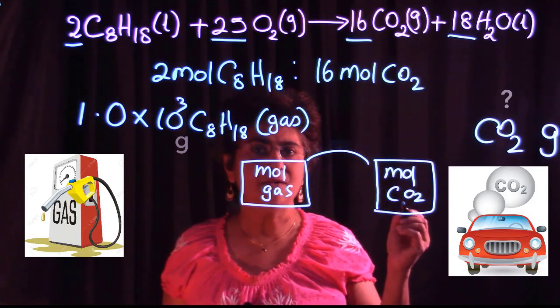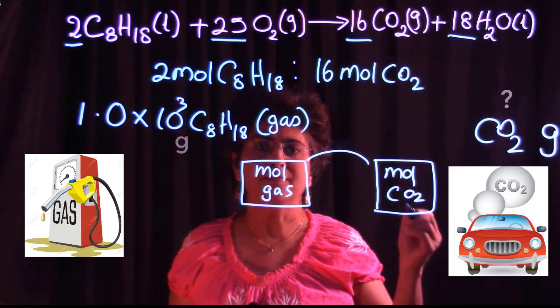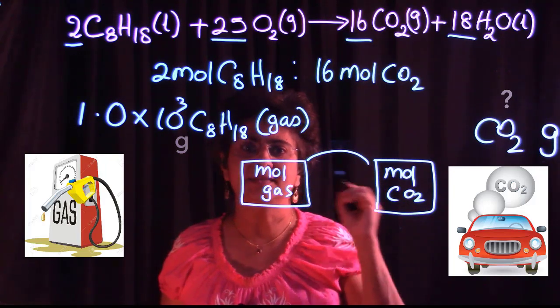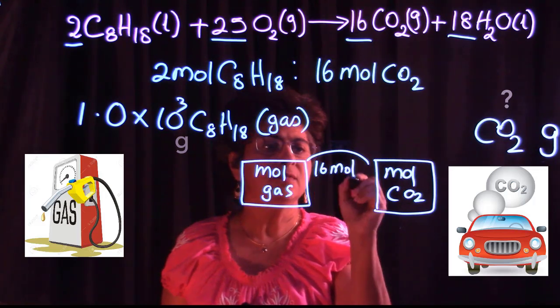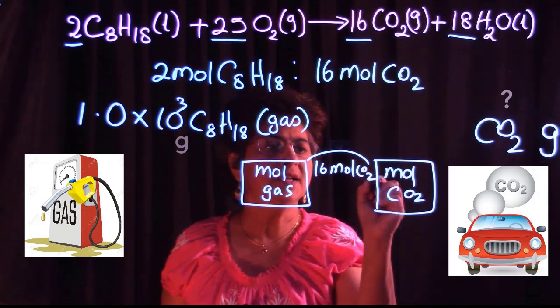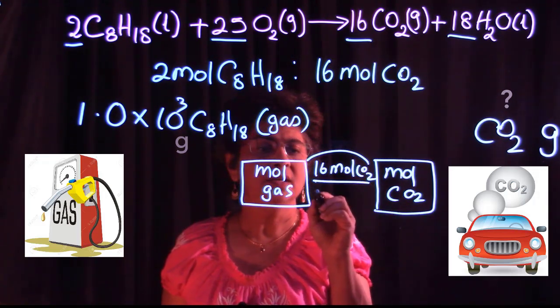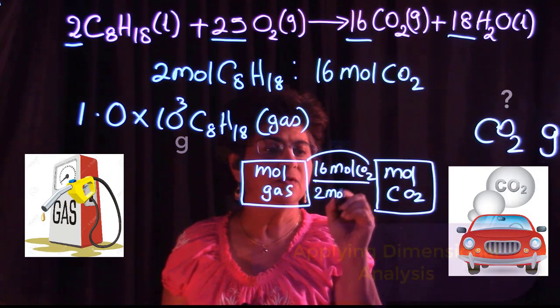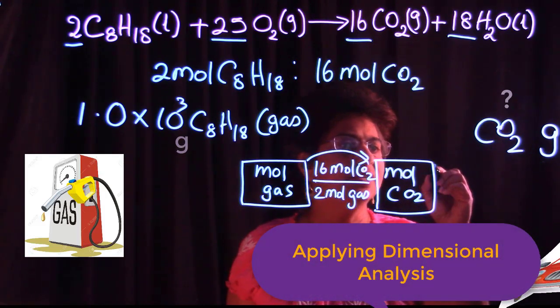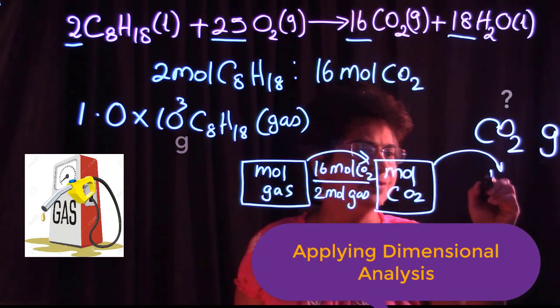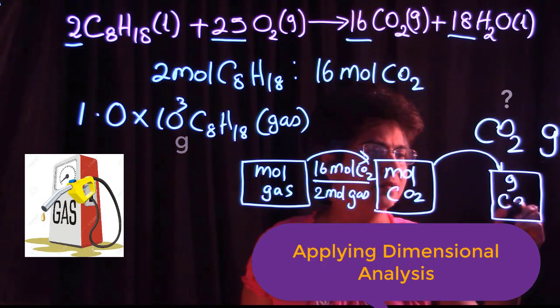Just the way we calculate the number of packs of muffin mix needed to bake 96 muffins. So the conversion factor here is 16 moles of carbon dioxide over 2 moles of gas. The next step is easy. That is to convert the moles of carbon dioxide to grams of carbon dioxide.